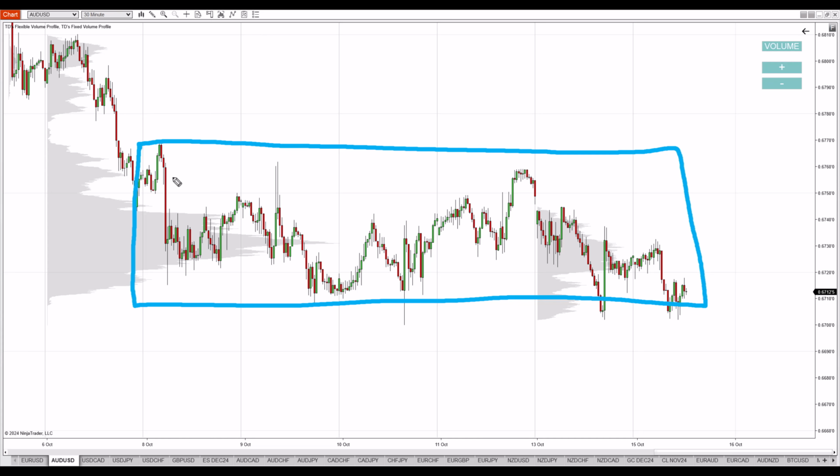So that means you want to go short from places like these and longs from places like these, and you want to target the center of the rotation, right?